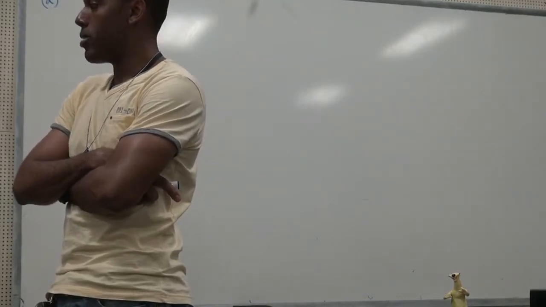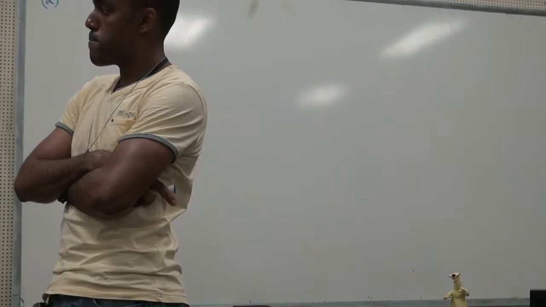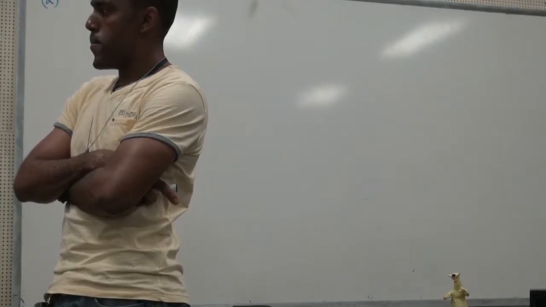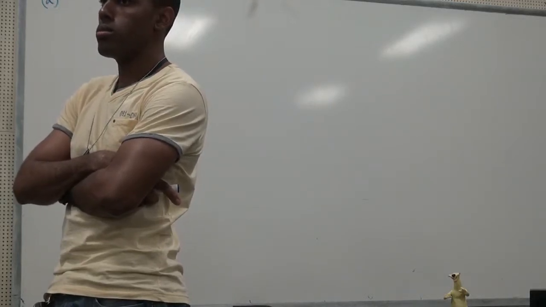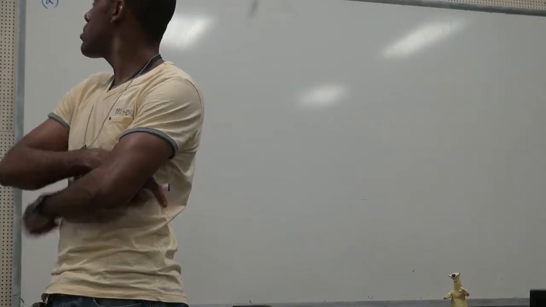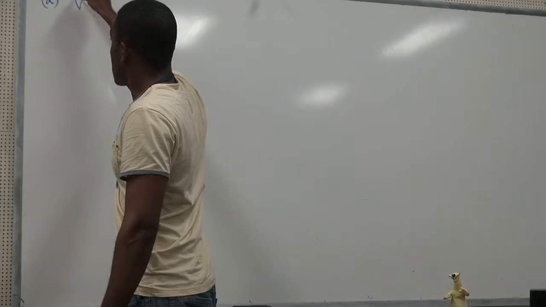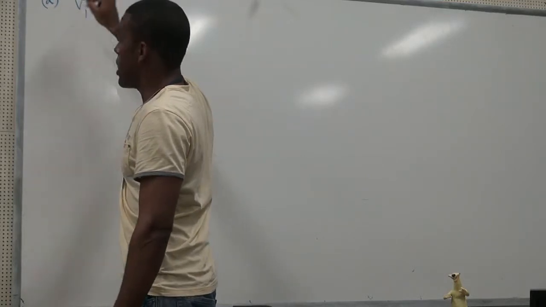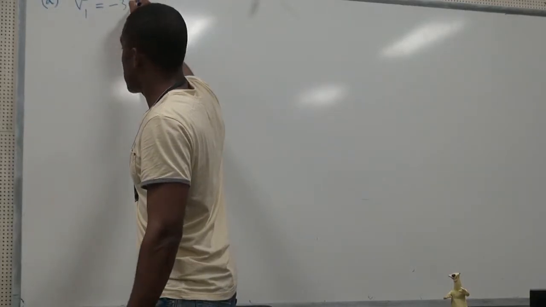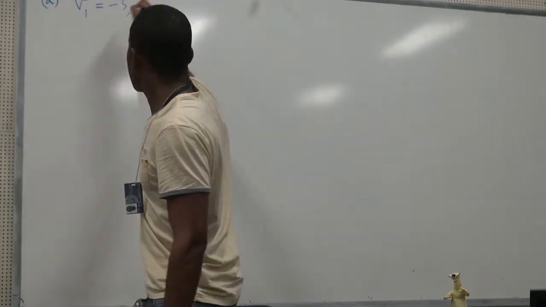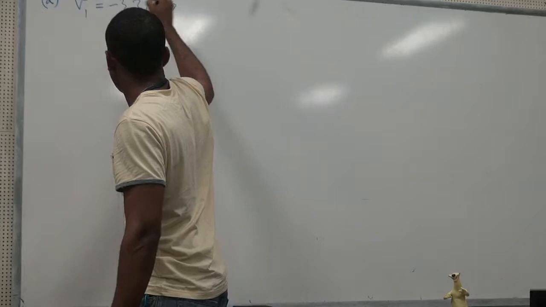How do we tackle the first one? The first one's parallel. How do you know the first one's parallel? Because the direction vector for line 2 is double the. Right, so the direction vector for line 1, let's call that V1, is minus 3, 2, 4.